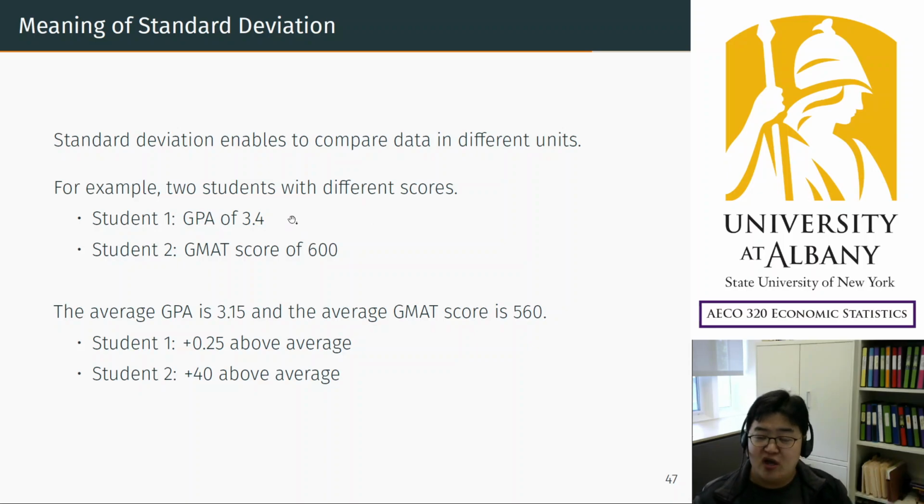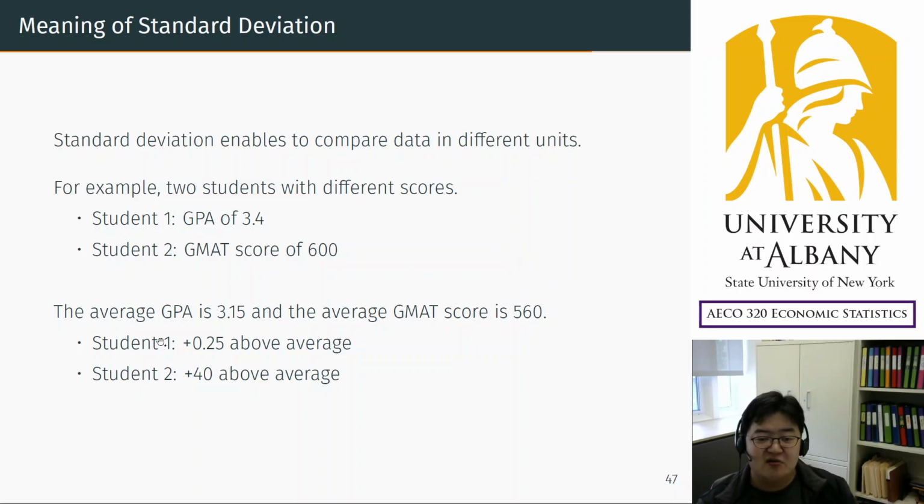What you can do here is, first, compare their scores to their respective average. For example, suppose that the average GPA is 3.15 and the average GMAT score is 560. I don't know if it's the actual average or not, just an assumption.